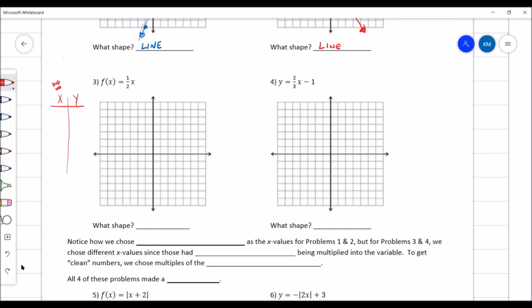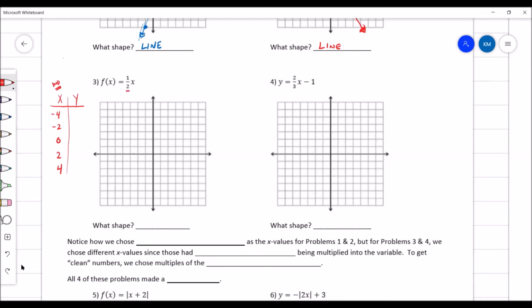And so now I'm going to say, well, my denominator is 2. I'm going to choose values that are divisible by 2. So instead of choosing -2, -1, 0, 1, 2, I'm going to say, if I make all my numbers even, then all of them will come out as nice numbers. So I'm going to do -4, -2, 0, 2, 4. Okay.